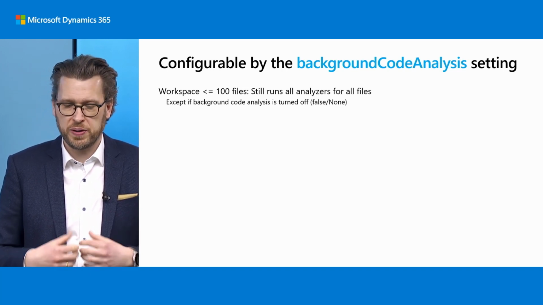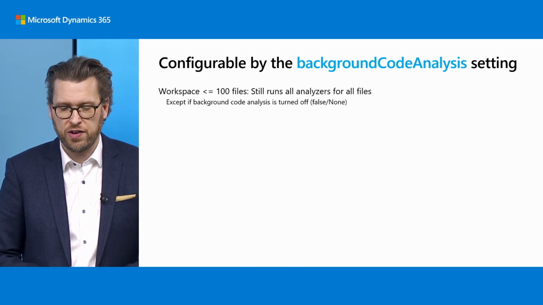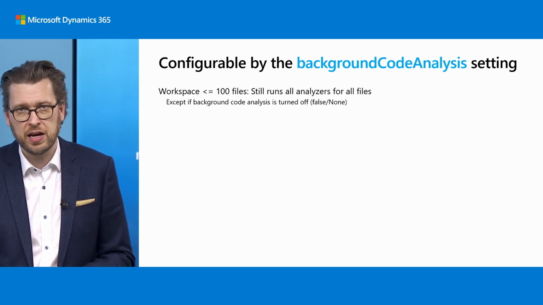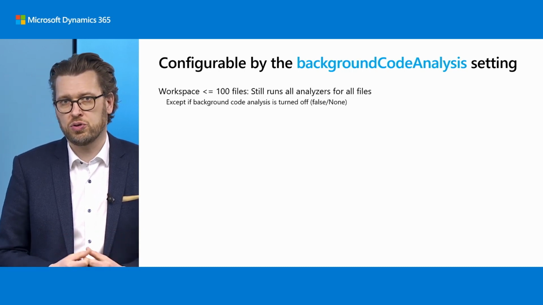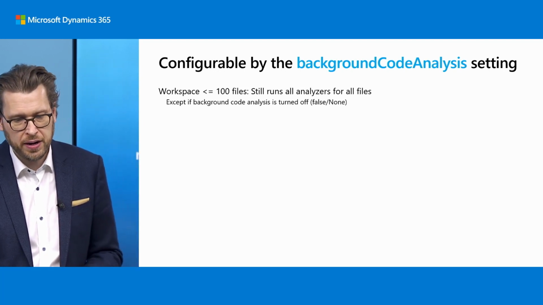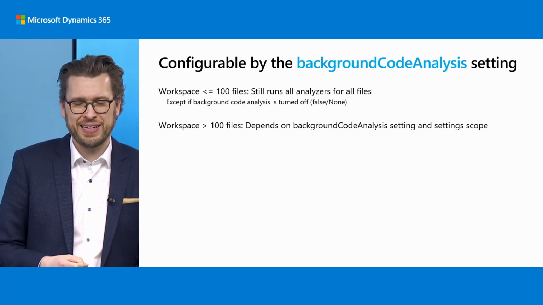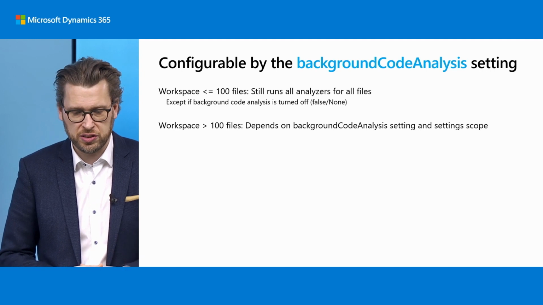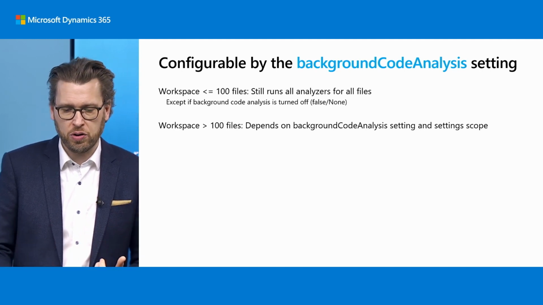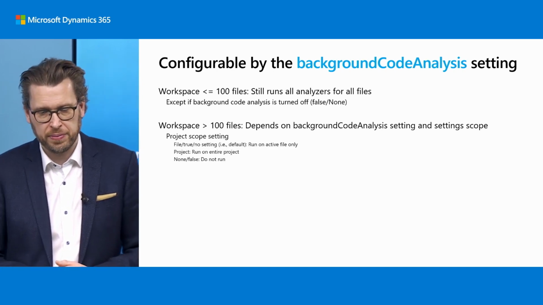If the workspace is small, and by small currently that means less than 100 files, we actually still run analyzers for all the files. Unless, of course, you turn off background code analysis completely, right? For larger workspaces with more than 100 files, which likely will be most of the extensions out there, what happens really depends on this background code analysis setting and the scope that the setting is defined in.